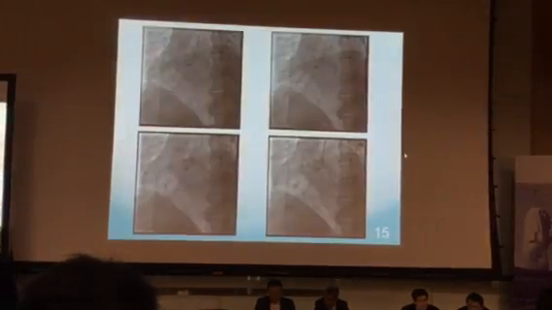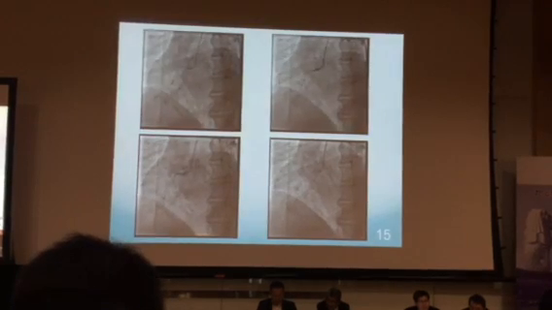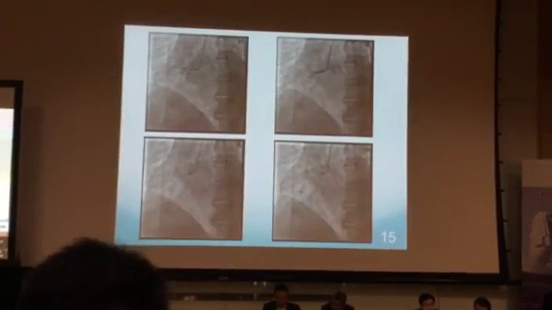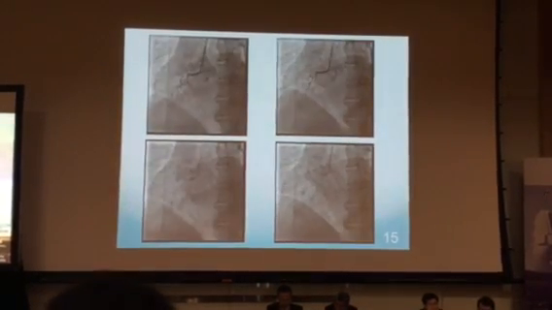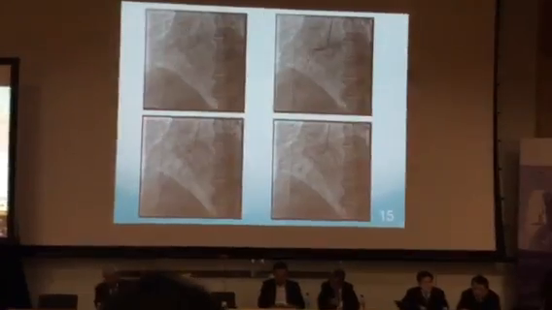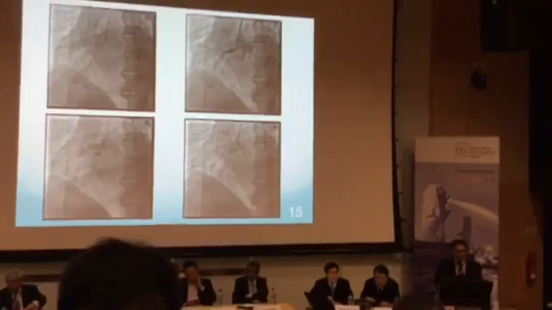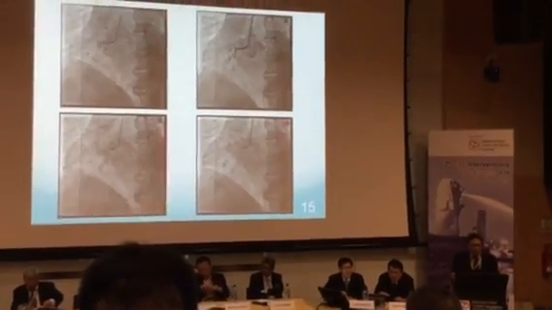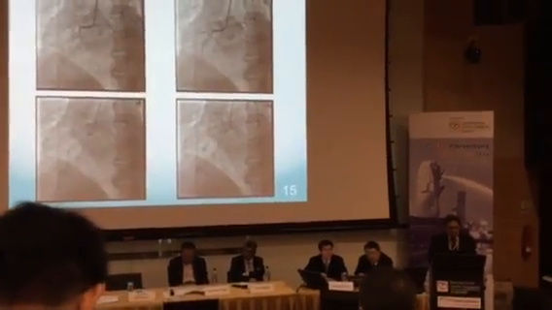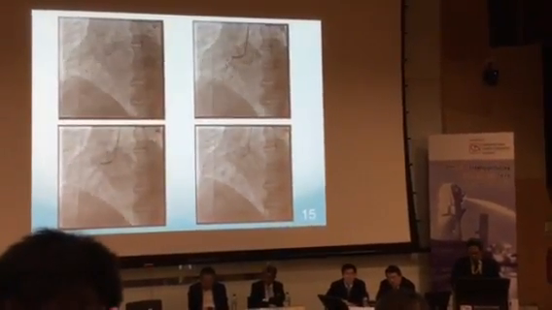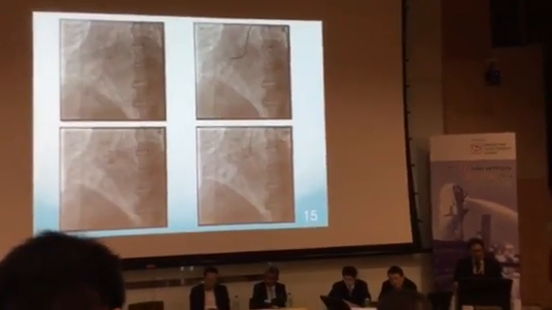Even for long CTO, just try to use a Runthrough Hypercoat supported by a microcatheter and do the same thing. Just twist the wire with the pickup of the microcatheter, and in my experience the wire can find the microchannel by itself, without complications like perforation or dissection that you may get with a stiff wire.